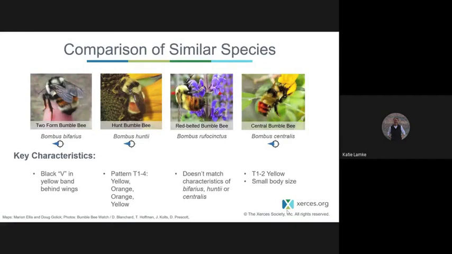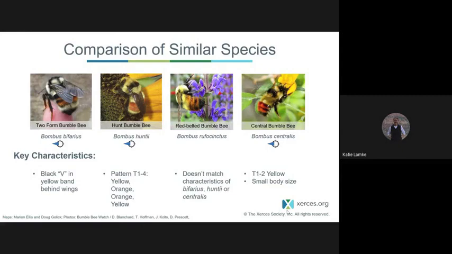When we look at all four of them side by side and try and pick out a characteristic for each bee, Bombus bifarius will have that black V on its thorax in between a yellow band. Bombus huntii has the characteristic pattern of yellow, orange, orange, yellow.